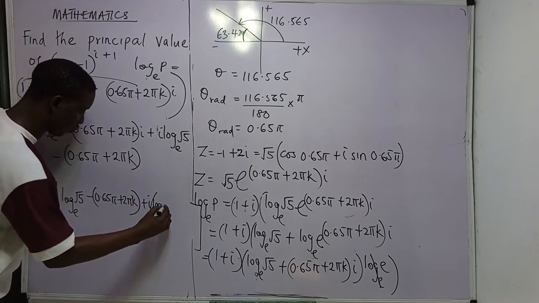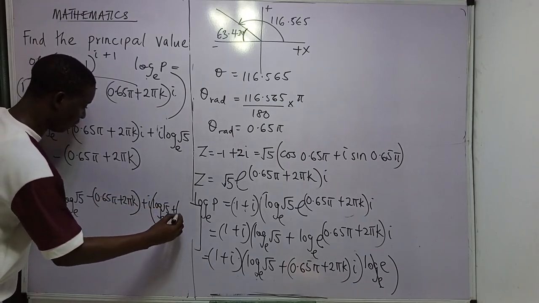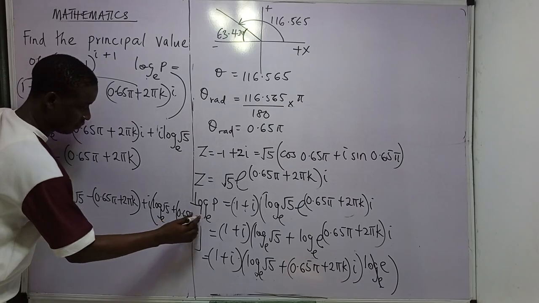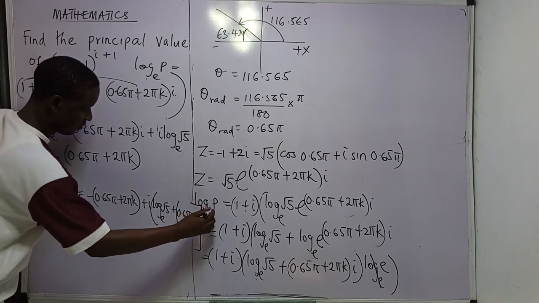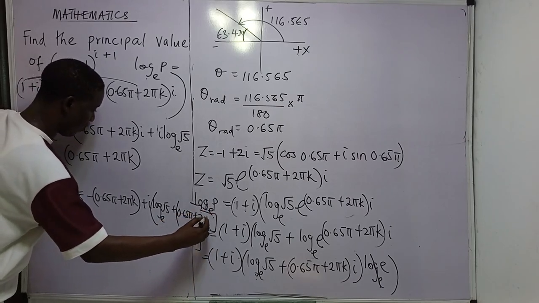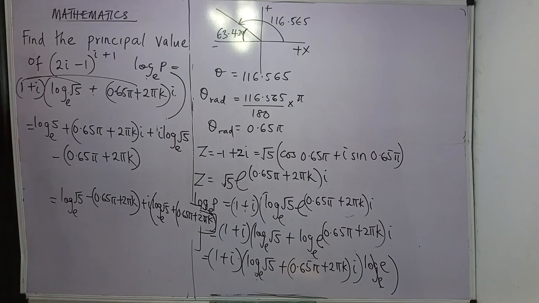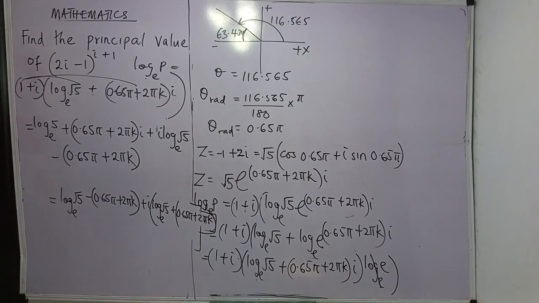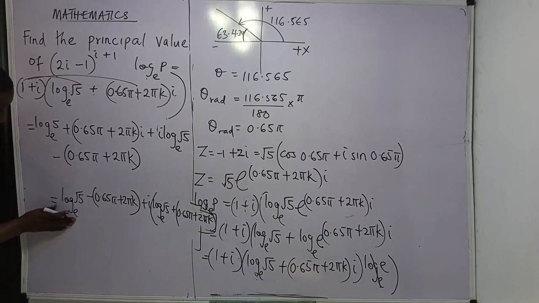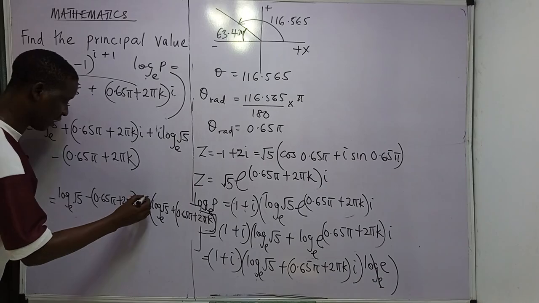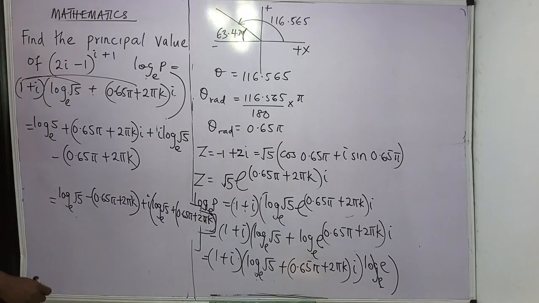Log to base e to square root of 5 plus 0.65 pi plus 2 pi k. So that is our value there. This one is one side. This is the i side, the imaginary part.